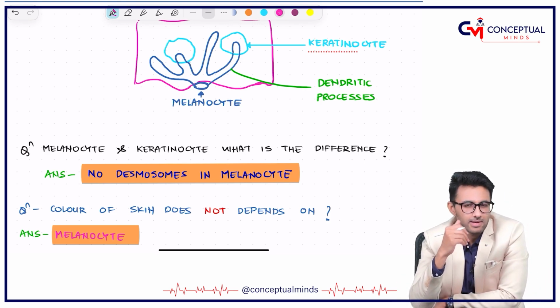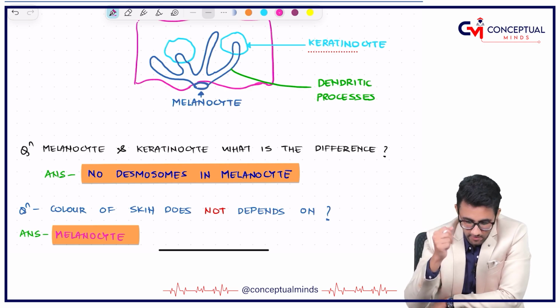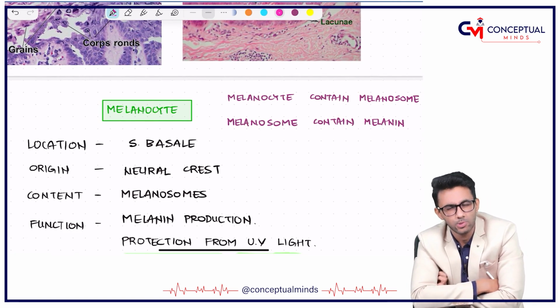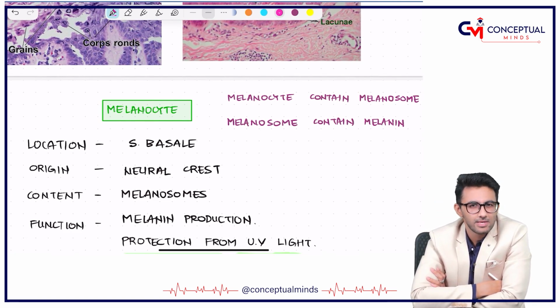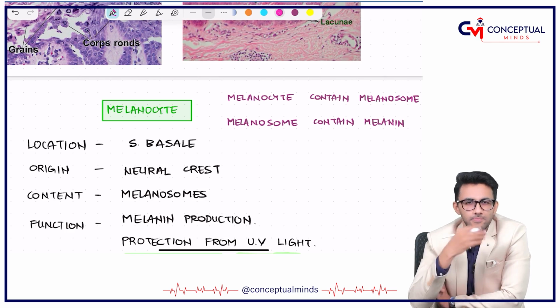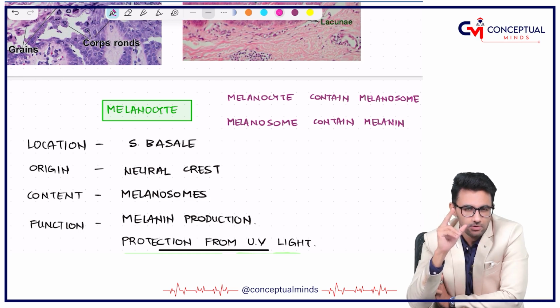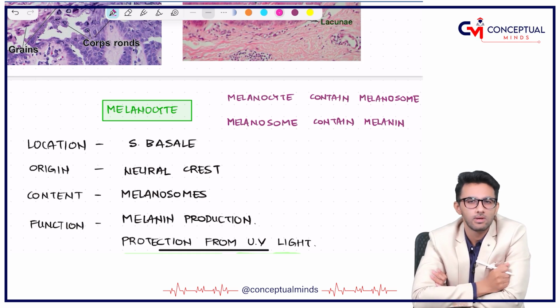Then what does it depend on? We just learned that melanocyte contains melanosome, and melanosome contains melanin pigment. These are the things responsible. Melanin pigment will give us color, and how much amount is being transferred from the melanocyte, and the number of melanosomes in the cell, will impart the color to the skin.